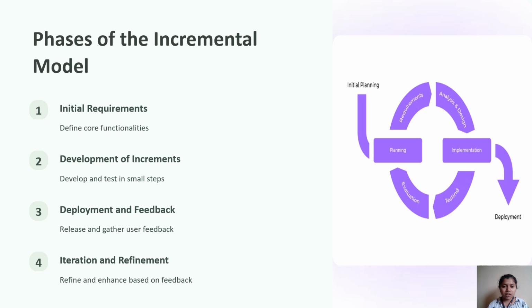Release and gather user feedback. Releasing a small portion of the software project, we gather the user feedback and improve accordingly. The fourth phase is iteration and refinement. It refines and enhances based on the feedback.